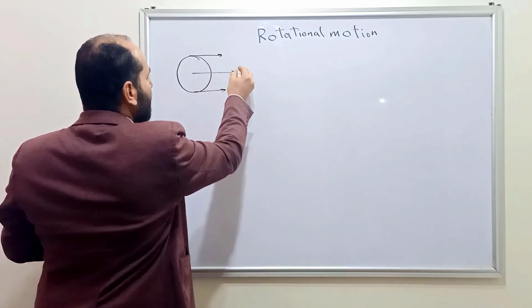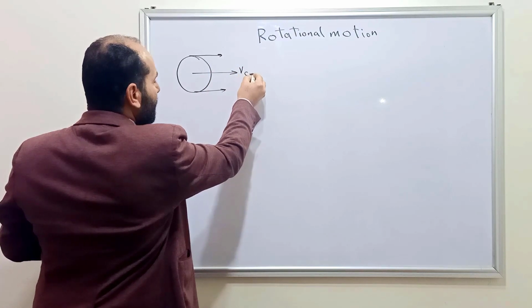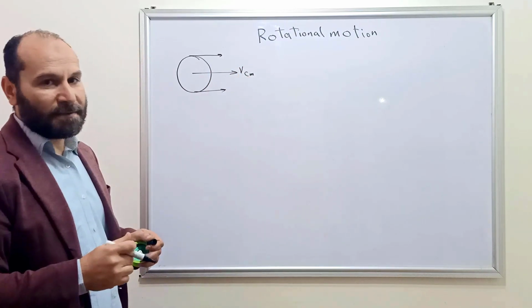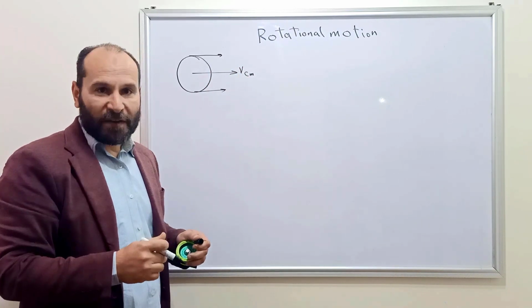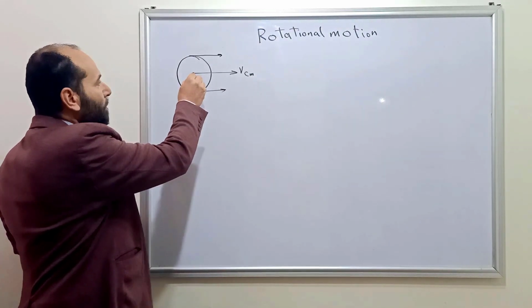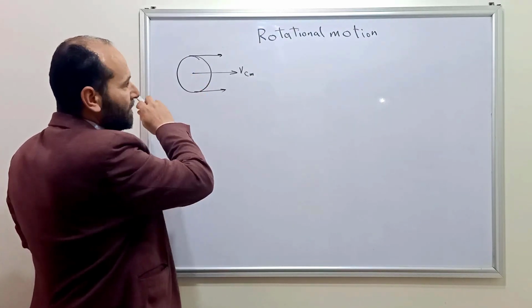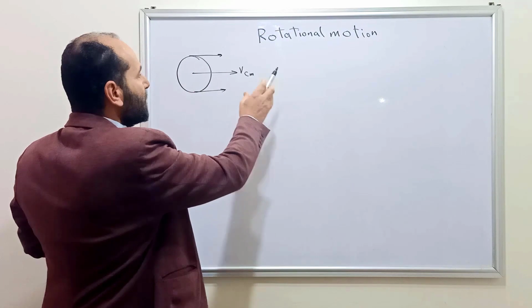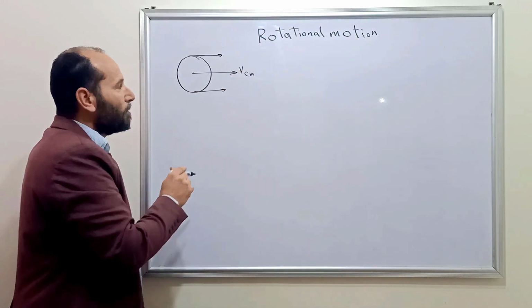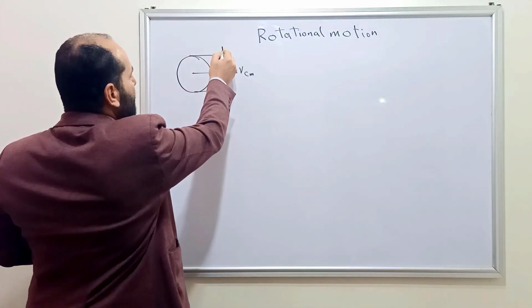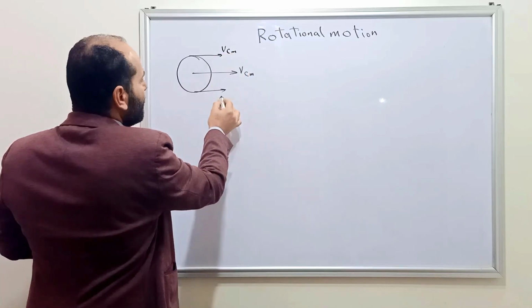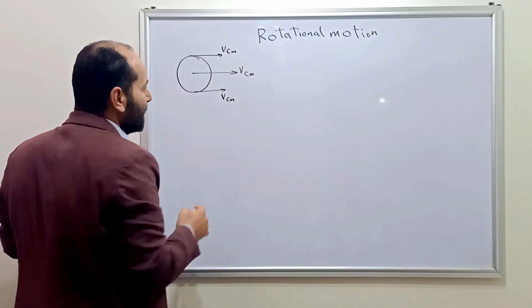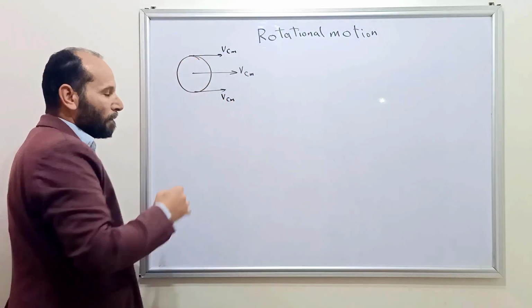So VCM, where the index CM means the center of gravity of this point. This point, the center of gravity, translates in this direction with velocity V, and this point has the same VCM, and this point the same VCM.